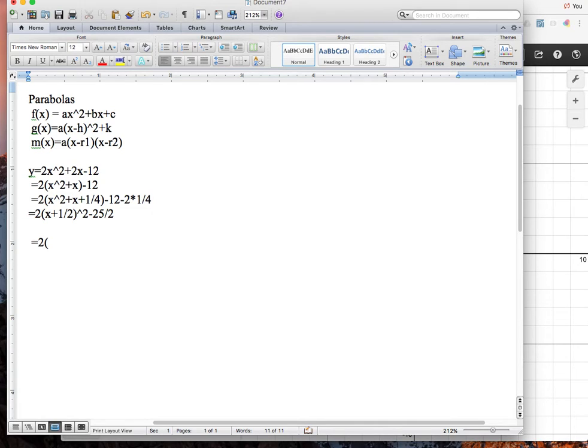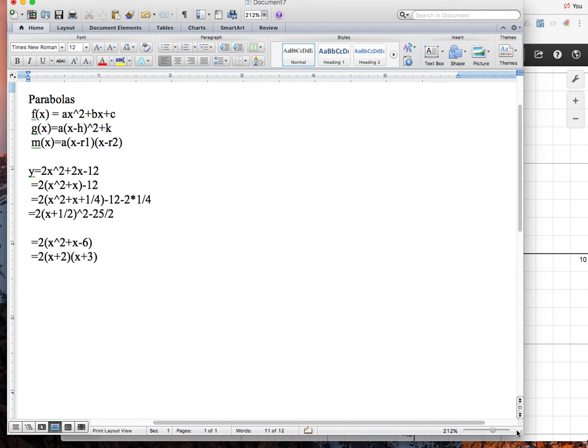I'm going to factor a 2 out of front. x squared plus x minus 6, and that equals 2 times, I think of how 6 can factor. 6 factors as 3 times 2 when they have a difference of 1. So I'm going to say x plus 2 times x plus 3. Now I have my 3 forms that are all supposed to be the same equation.